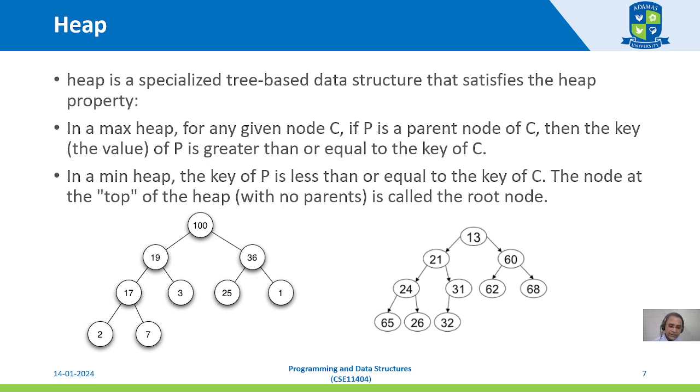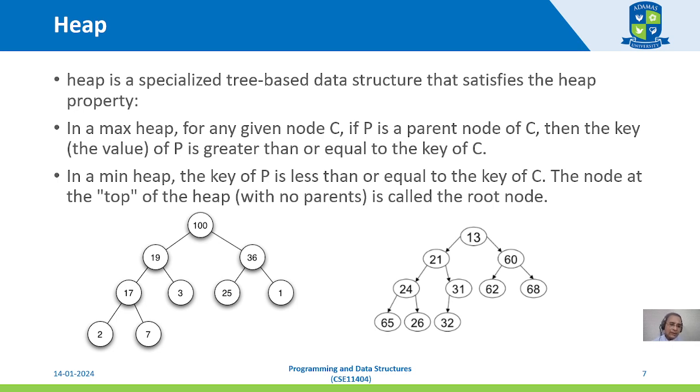On the other hand, if we consider the second picture, we can see the root node, that is 13, 21, 24, 31, 60, all these values are lesser than the child nodes.